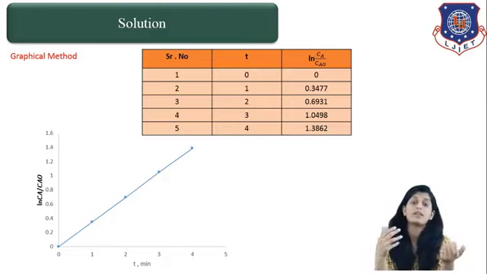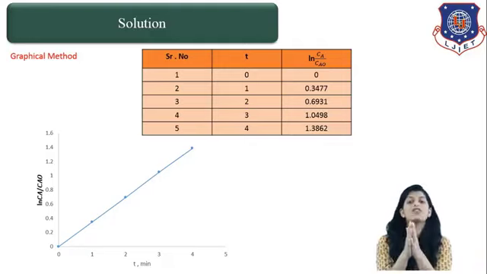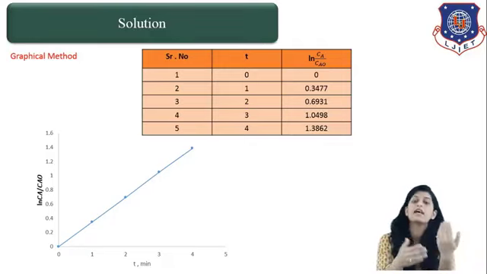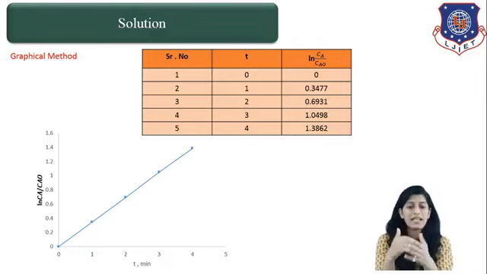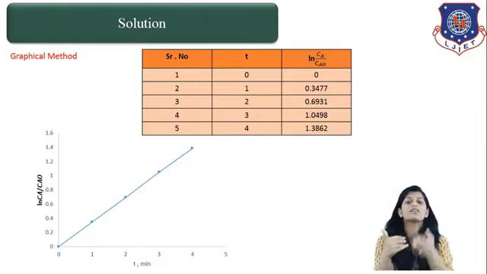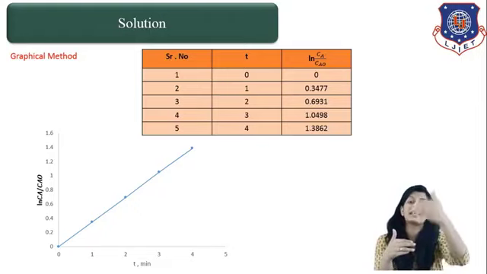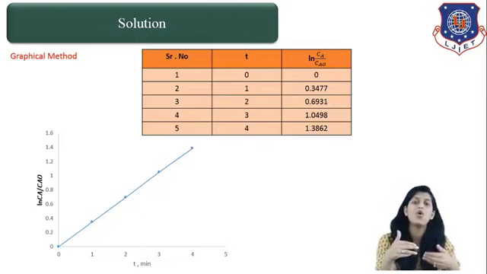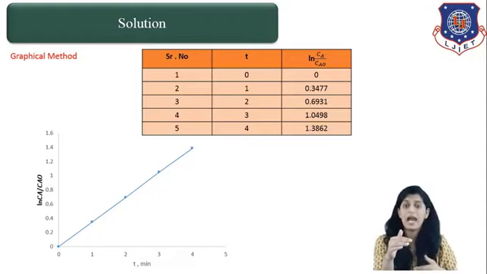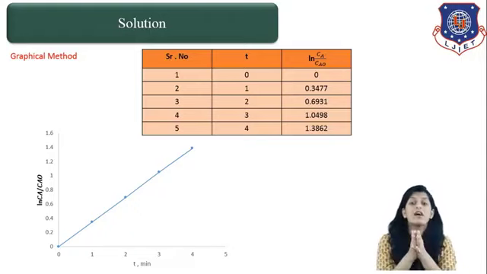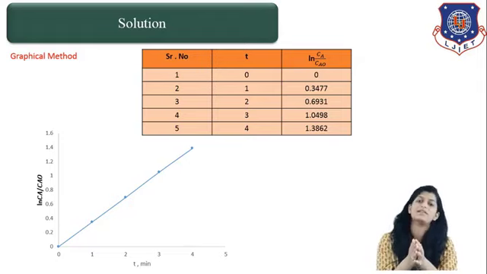If it is coming to be a straight line, then the assumed rate equation is correct. If it is not a straight line, then we need to go back and select some other data. In the same way, in the analytical method, we need to determine the rate constants K1, K2, K3 and so on for the given set of data. If all the values of K are coming constant, then our assumed rate equation is correct.